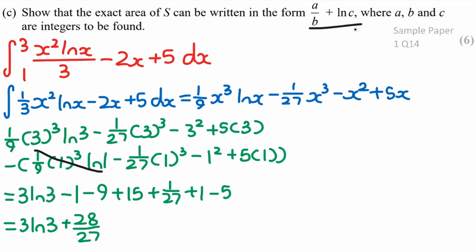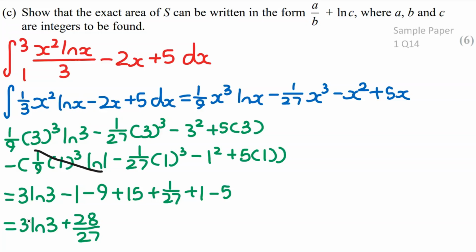Okay, so we need to write it in this format here. So the a over b is this 28 over 27 part, so we've got that part correct, and we need the natural log of c, and the problem at the moment is we don't have a coefficient in front of this natural log here, but we do here. We have this 3 here, so we can't actually have this, so this isn't the final answer.